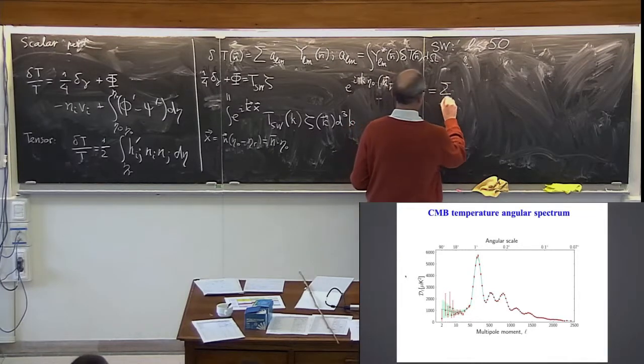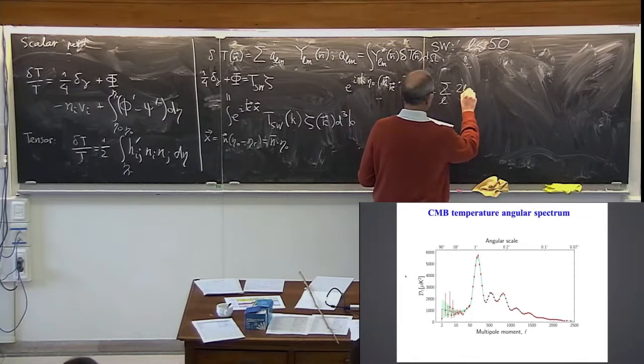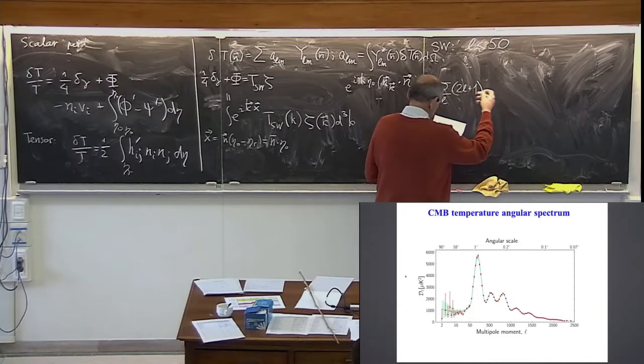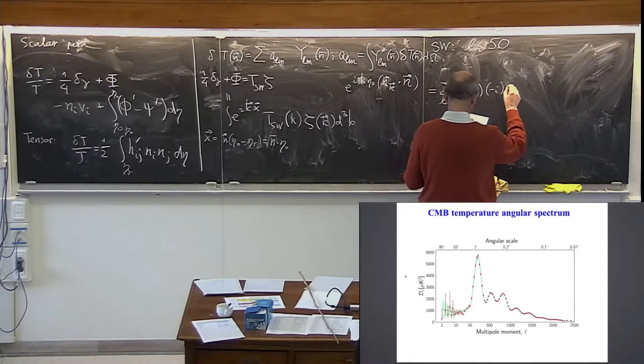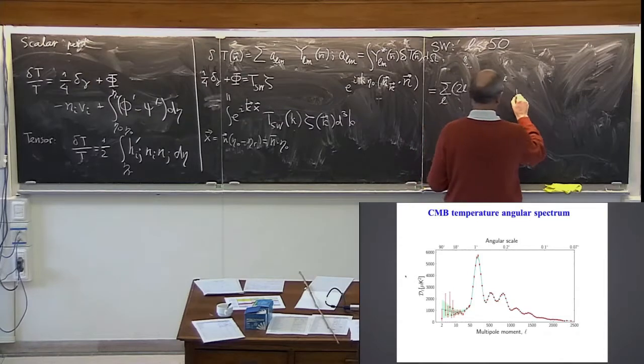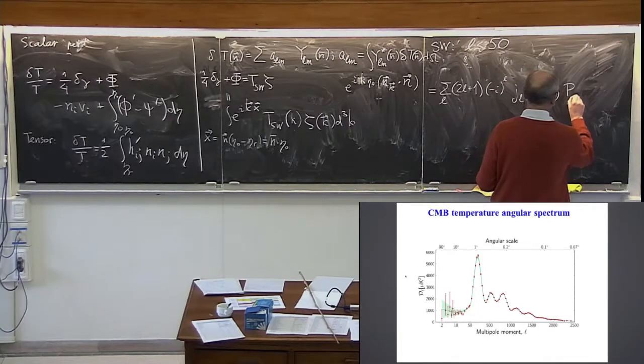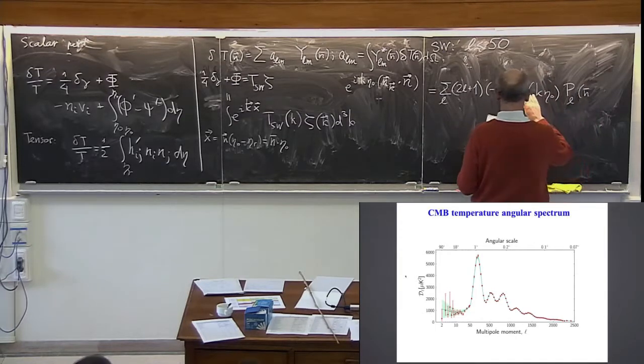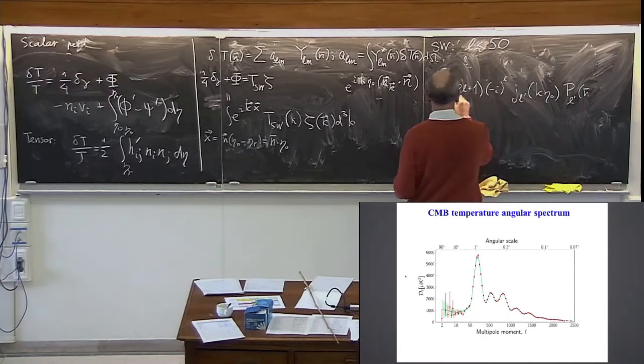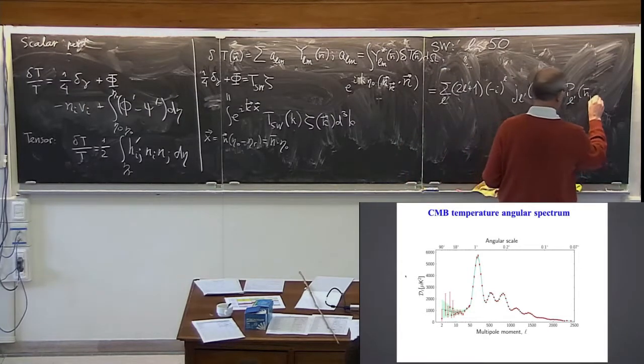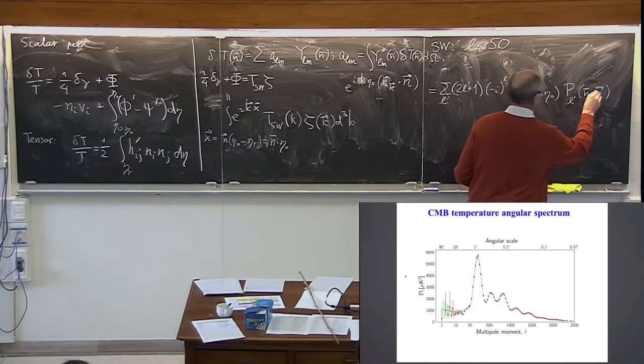This is the sum over L of (2L plus 1), imaginary unit to the L, j_L, that's the key player, of k eta naught times P_L of n dot k.